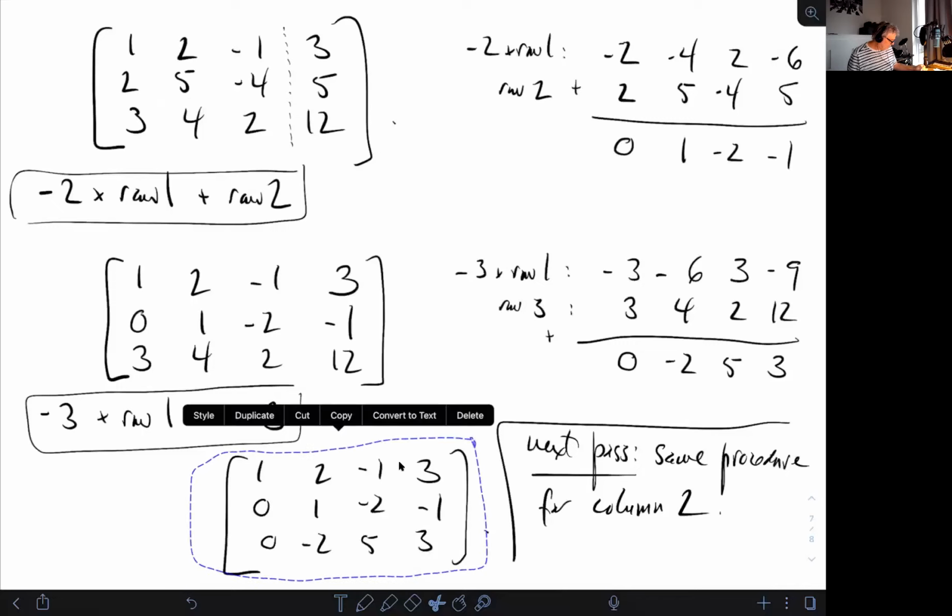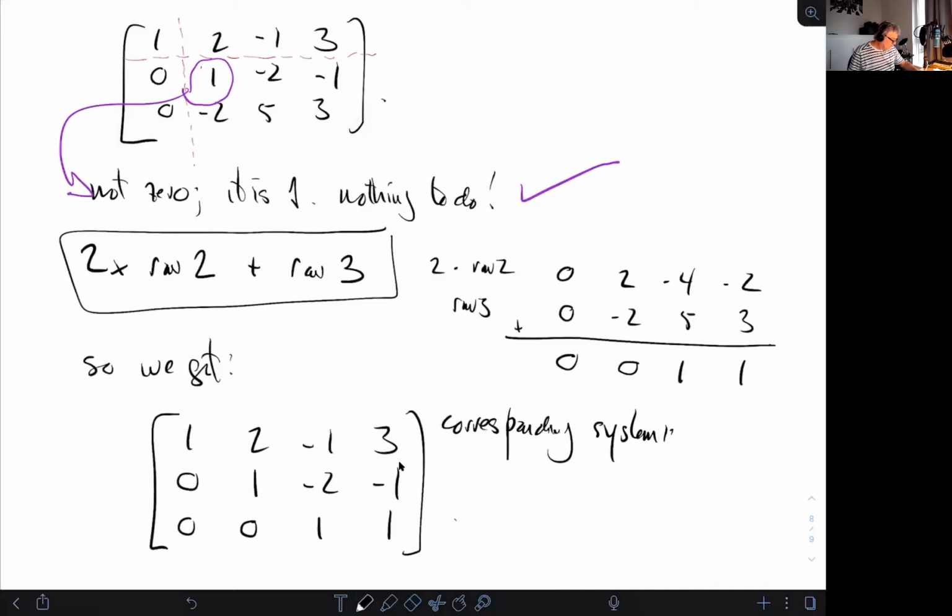So we know how to go from augmented matrix to system, system to augmented matrix. This is x plus 2y minus z equals 3. Then y minus 2z equals -1, and z equals 1. This is the system that corresponds to this new matrix.